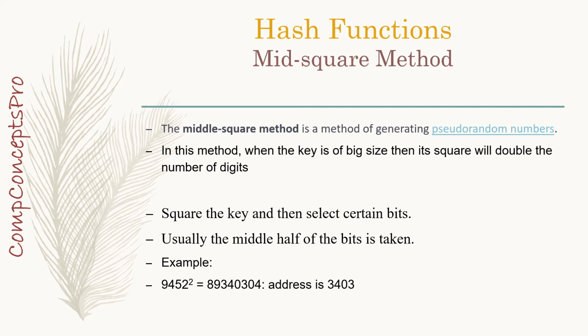Our key is 9452 and after squaring it, the result is this. So we are choosing the middle 4 digits as the hash code. This method is useful especially when we have to store a large amount of integer keys in a single hash table.